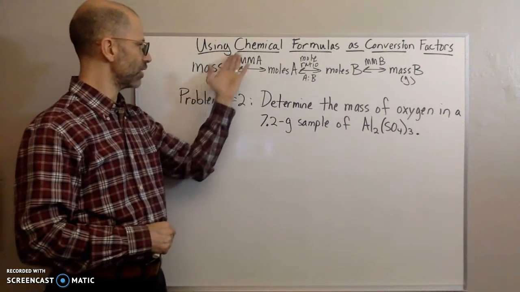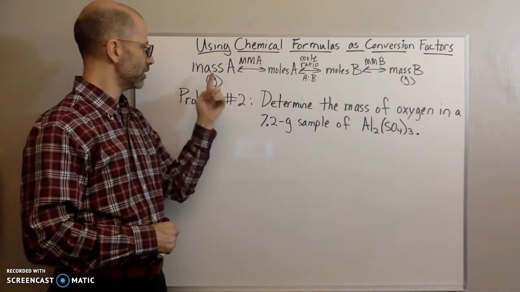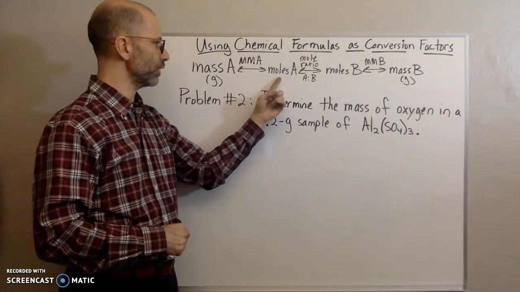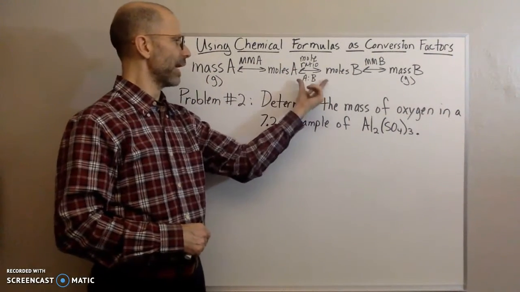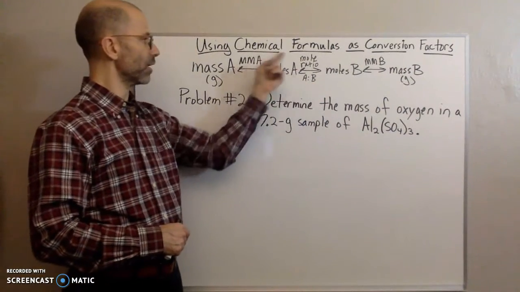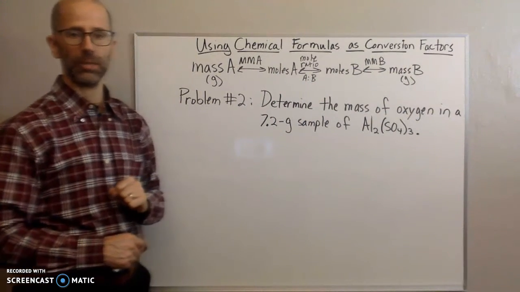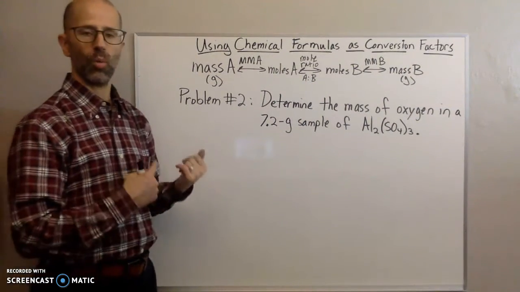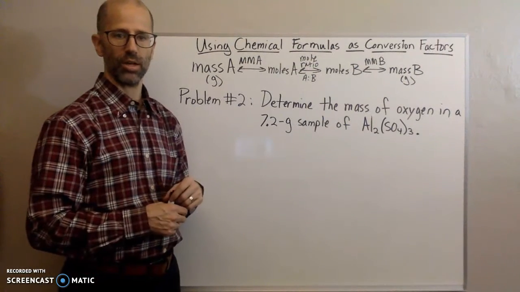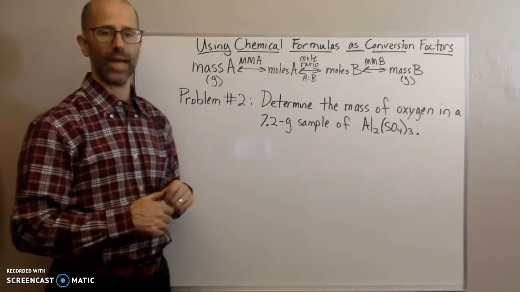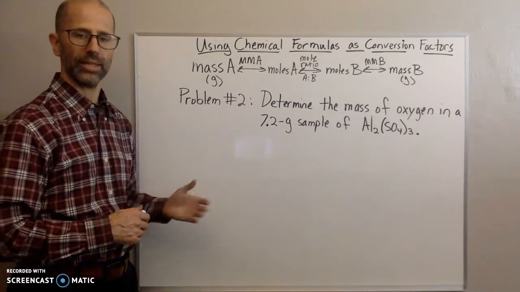So I need to use the molar mass of A to convert grams of A to moles of A, and then I use a mole ratio between A and B. And the mole ratio is where our chemical formula is going to come in. And I've gone over one other problem with this, and I've gone over how to use the chemical formulas as conversion factors. So I'm going to show that in this problem.